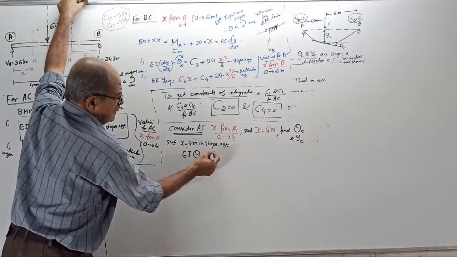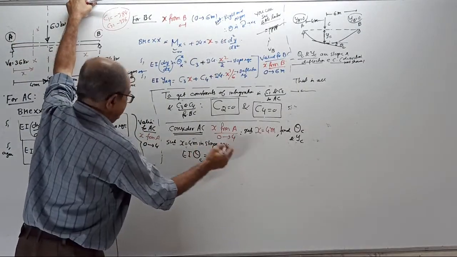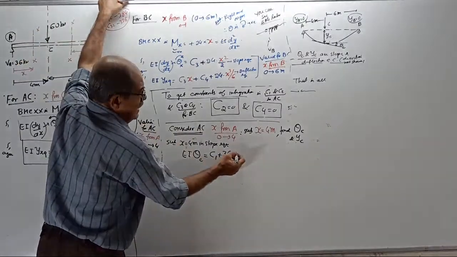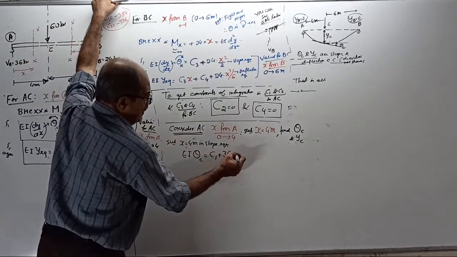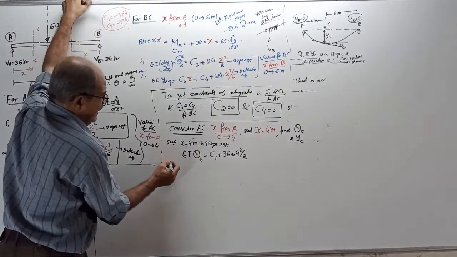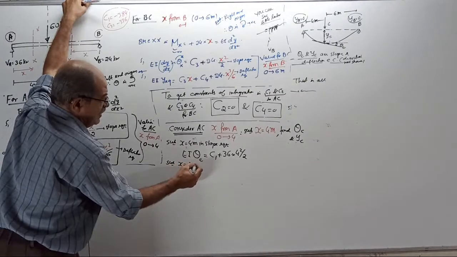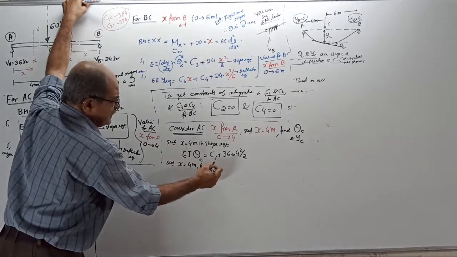equal to C1 plus 36 into x square by 2, that is 4 square by 2. This is EI theta c. And substitute x equal to 4 meter in the deflection equation.